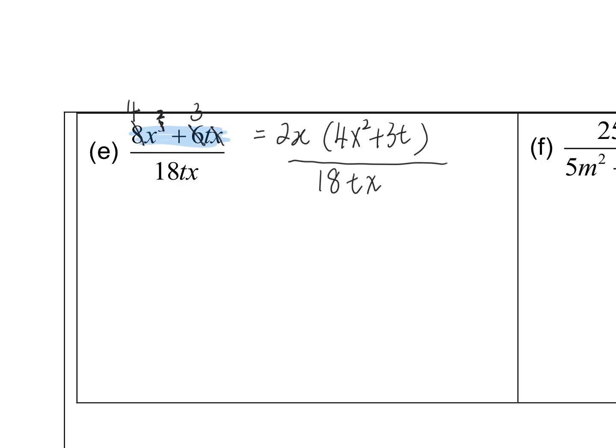So what is common between them? So I cancel the 2. Left 9. I cancel the x. No more. So in the numerator, I'm left with this and 9t. Cannot simplify anymore because there's a plus here and they are not in a group. So unless I can cancel the whole thing, I cannot touch it anymore.